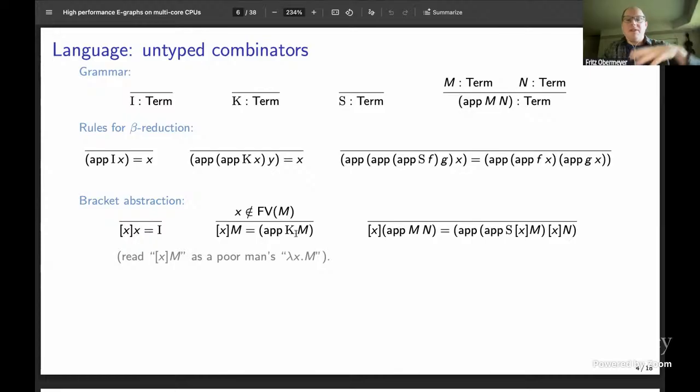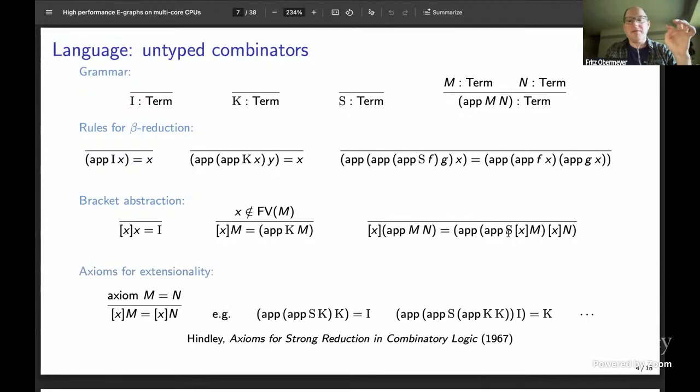The constant allows you to ignore variables that don't occur in an expression. And the S combinator is a substitution function that allows you to recurse down into the subbodies of an application. This bracket abstraction in combinators is actually really nice for e-graphs.